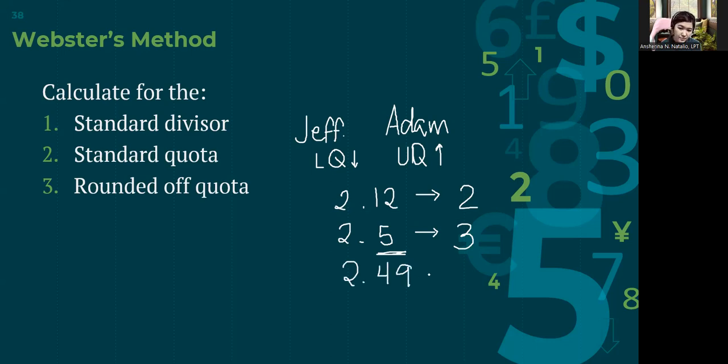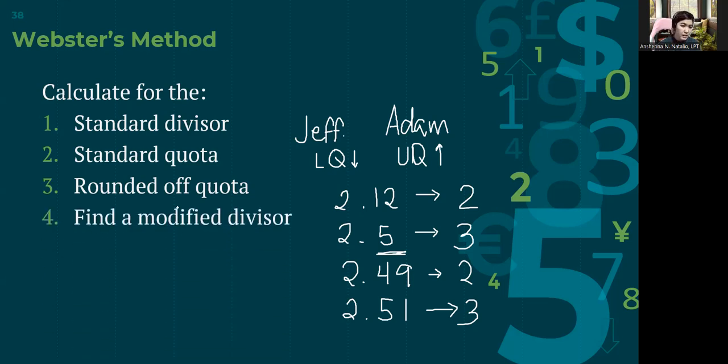And 2.49, still 2. I think you're familiar with the rules in rounding off, right? 2.51. We already know how to round off. Alright. So, again, that's rounded off quota.